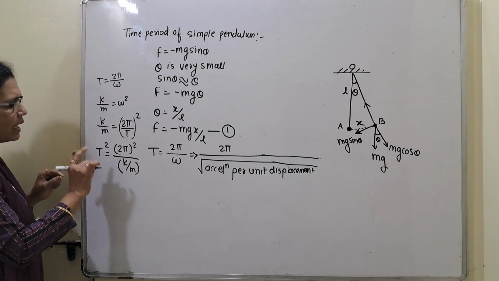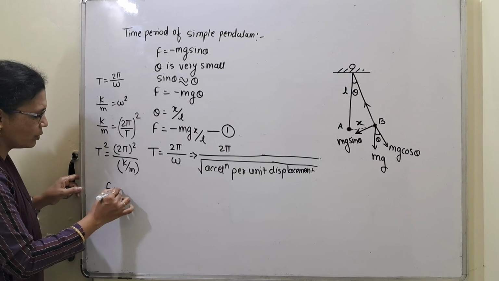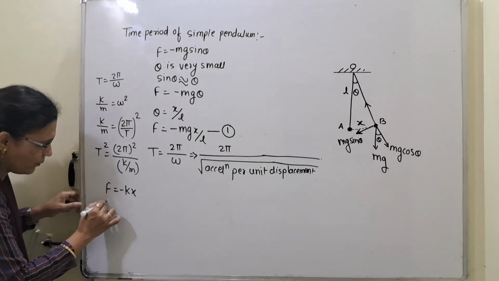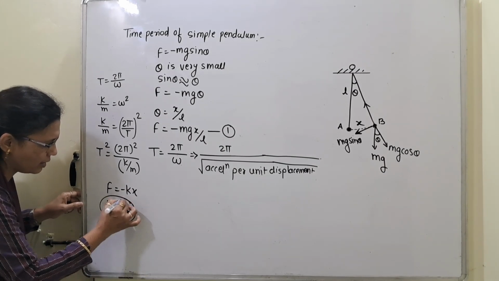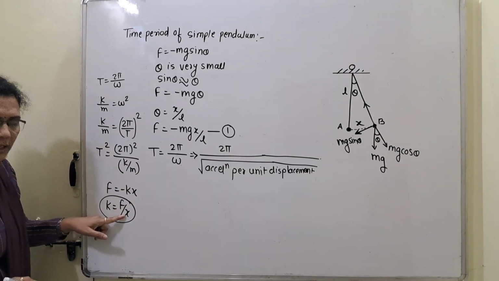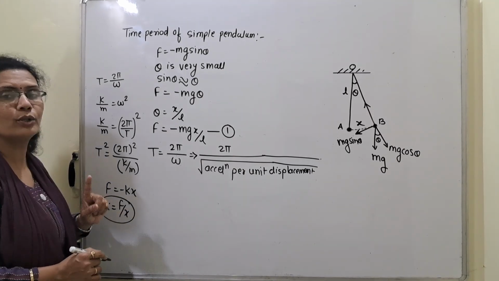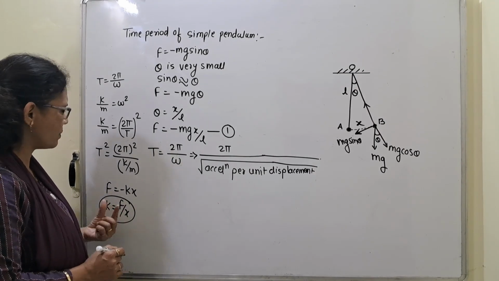What is this k? K is nothing but the spring constant. We have seen that F is equal to minus kx, or you can say F is equal to kx. If I write k is equal to F upon x, then what will be this quantity? This is nothing but force per unit displacement. K is force per unit displacement.